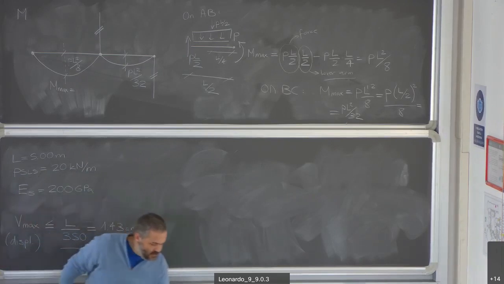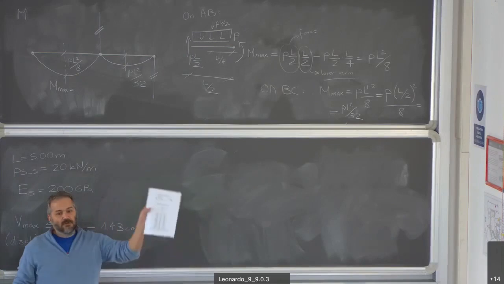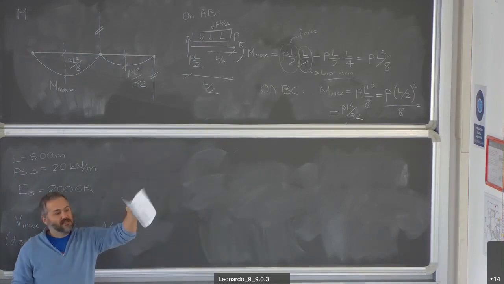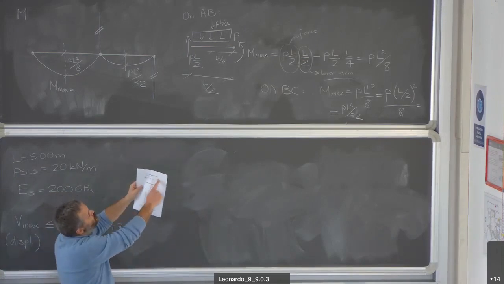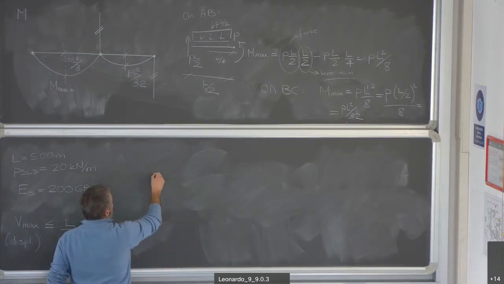How do I do that? I have design aids. This is what you had during the exam. Coefficient for simply supported beam. I will replot it here.